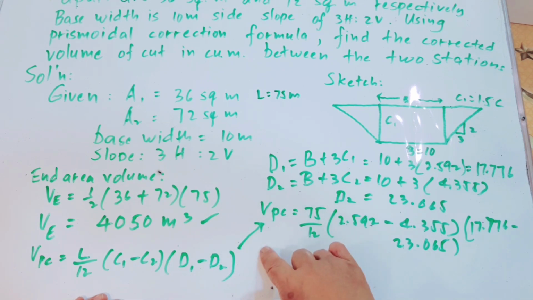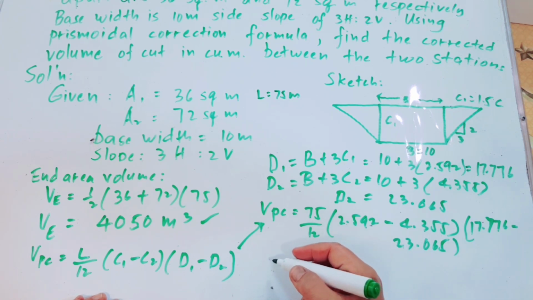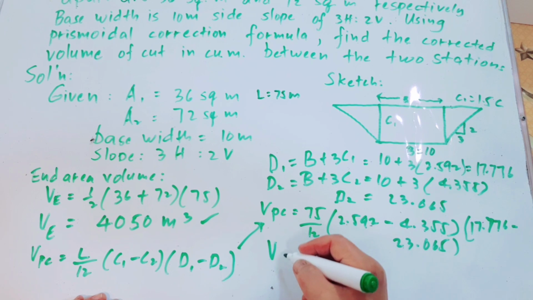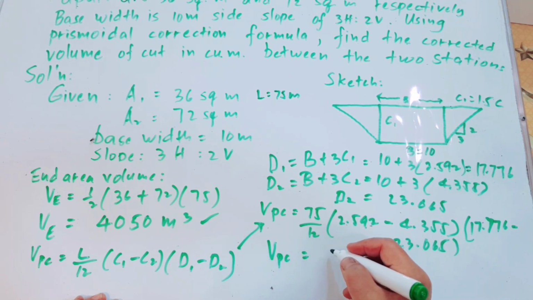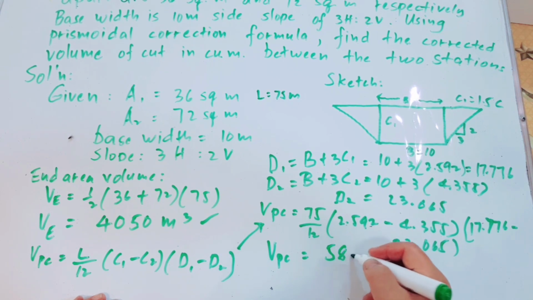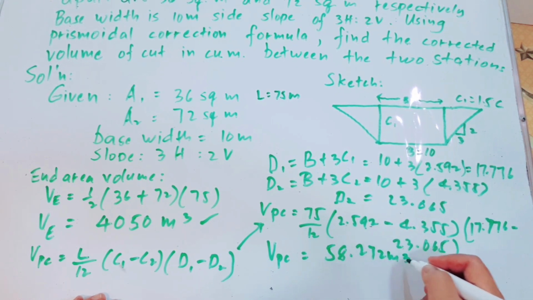Using the prismoidal correction, we have a volume of prismoidal correction equal to 58.272 cubic meters.